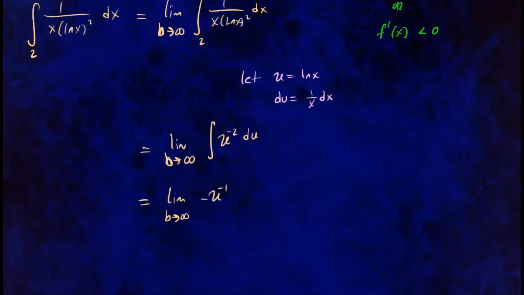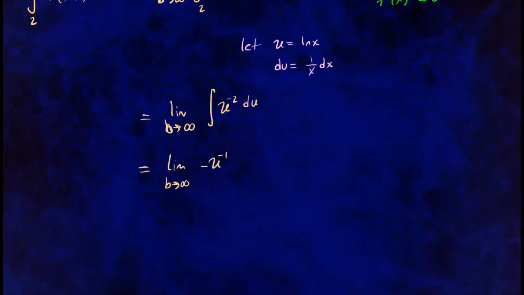But I want to plug in what u is so that I can bring in my limits of integration. So I have the limit as b approaches infinity of negative 1 over u. Well, that's ln of x. Now I can bring in my limits of integration from 2 to b. All this time I ignored my limits of integration because I was working with the u variable. My limits of integration belong to x.